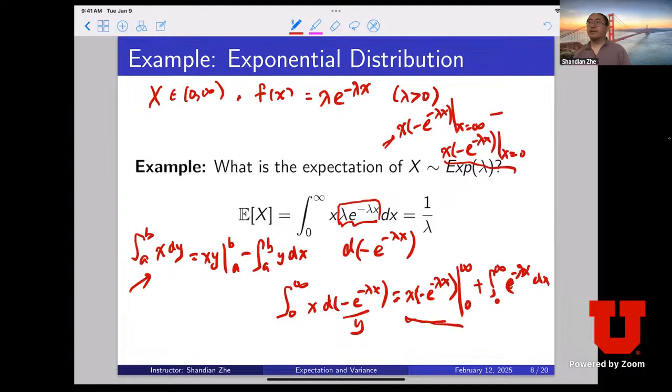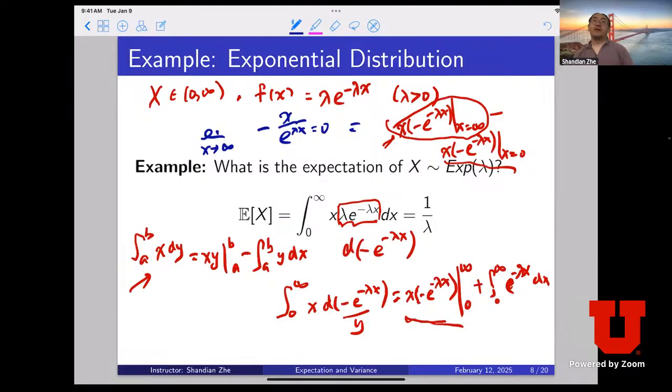I will put it in more detail. If you look at the first term, it is actually minus x over e to the power of lambda x, and x goes to infinity, which means we take the limit as x goes to infinity. This is 0. Why?